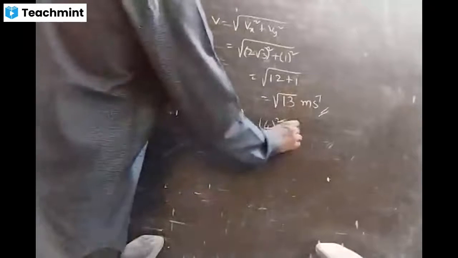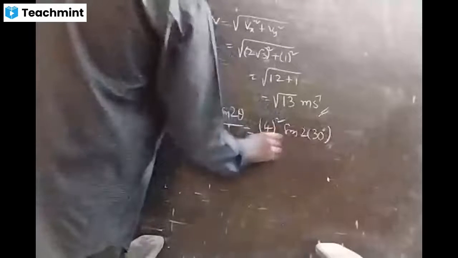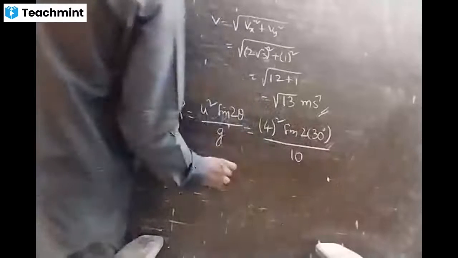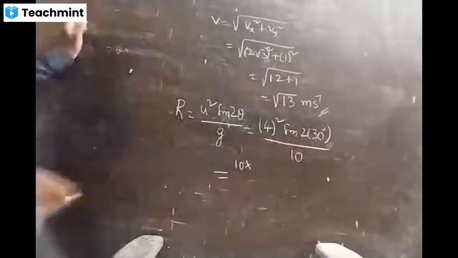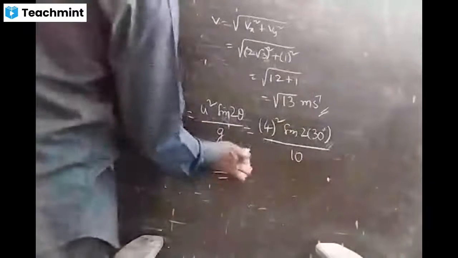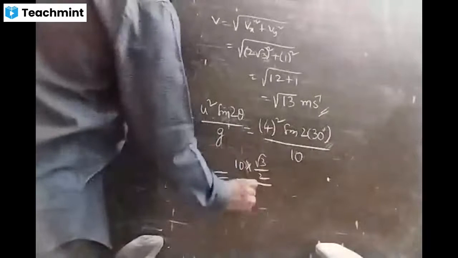4 square into sine of 2 into 30 degrees, by g, taking the value as 10. 4 square is 16. Sine 60 degrees is root 3 by 2, divided by 10.